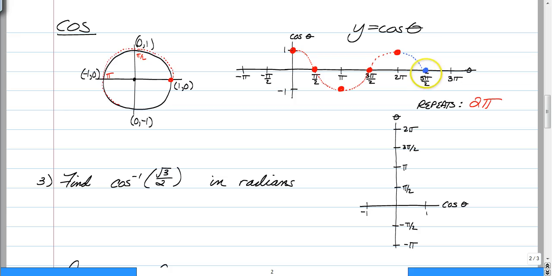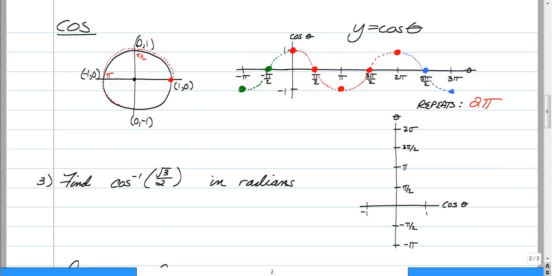So right here you are now at, this would be an example of 5π/2, or if you're thinking about it in degrees, that's going to be 450 degrees, and it's just going to continue over and over and over. And of course, just like sine, you can go in the negative direction as well, because it's all just going to be on a unit circle. We just stretch the unit circle out on an xy coordinate plane.